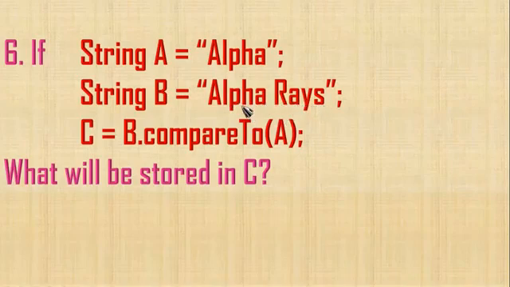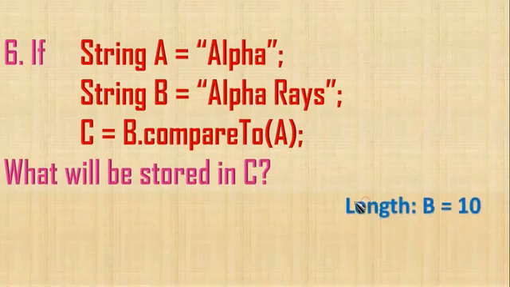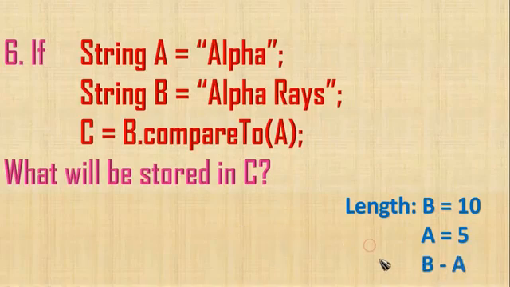In this case, it will check the length of the given strings and then give the difference. Here B is compared to A. B's length is 1, 2, 3, 4, 5, 6, 7, 8, 9, 10, and A's length is 1, 2, 3, 4, 5. So the difference will be B minus A, that is 10 minus 5, which is 5.